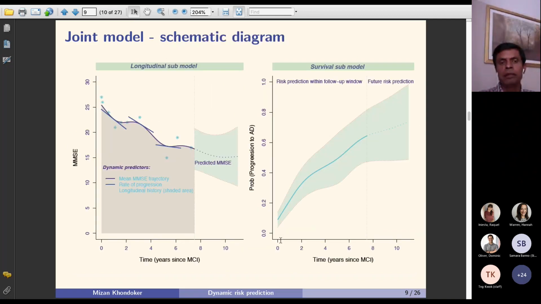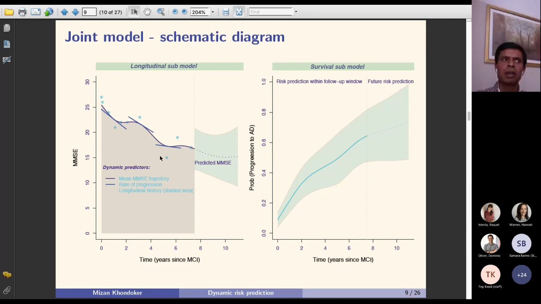And this is just a schematic diagram of the joint model that I just mentioned mathematically. On the left-hand side, this is the longitudinal submodel. The star represents the original longitudinal data, but this is not directly used in the joint model for prediction. Instead it uses the smooth version of the data.